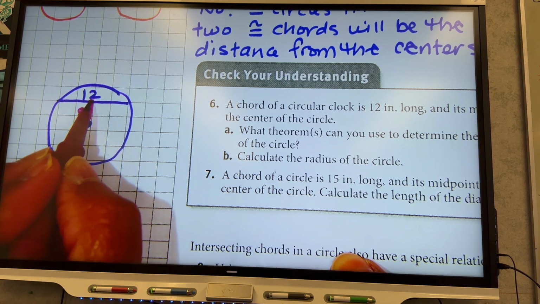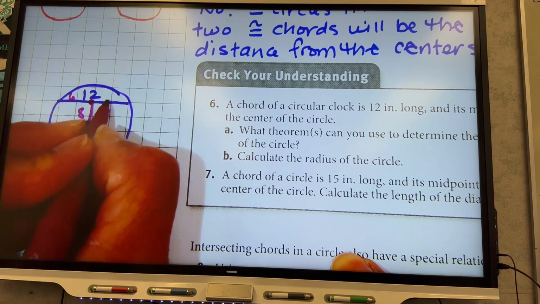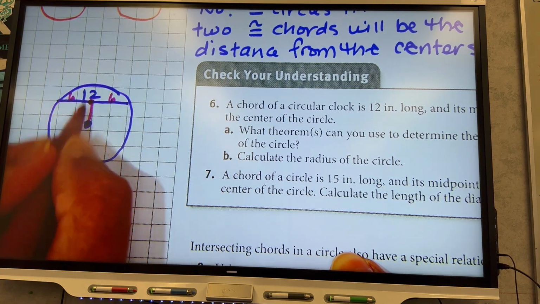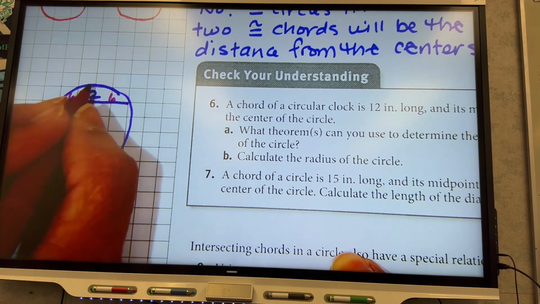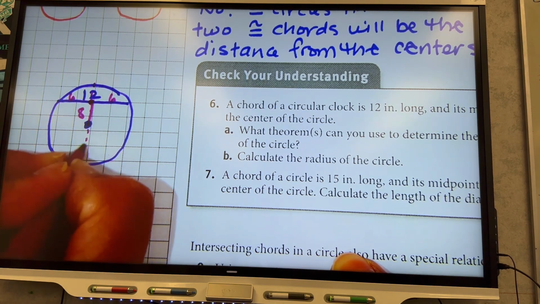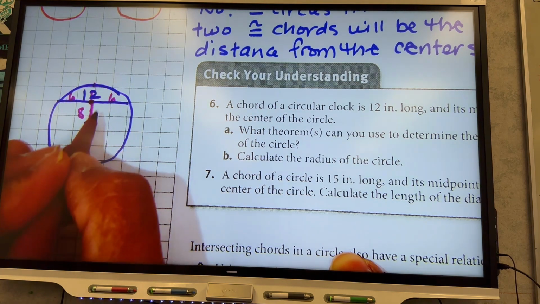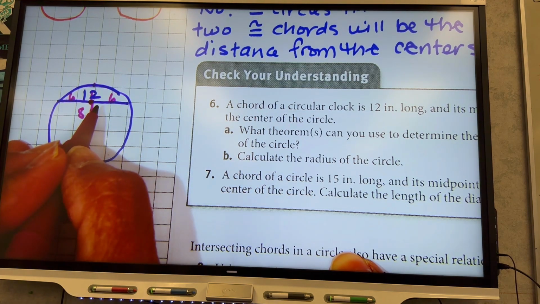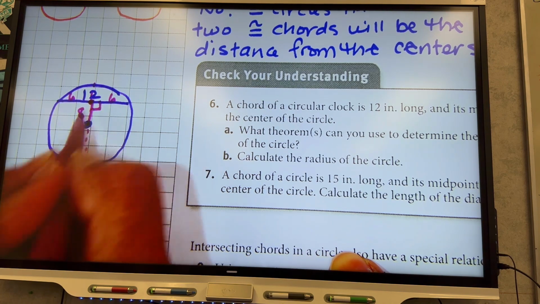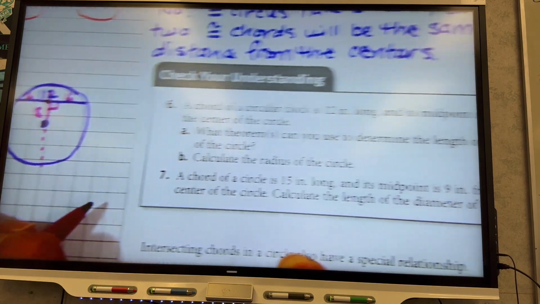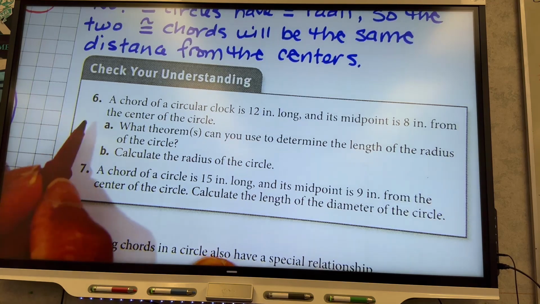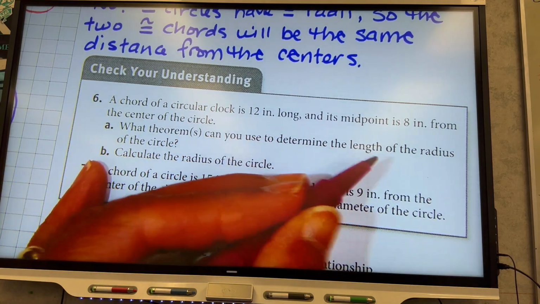Because that's the middle of the chord. So this side is 6 and this side is 6. Now this is not a diameter, this little 8-inch section here, but isn't it part of a diameter? So that means it's hitting that chord at what kind of an angle? 90, right?